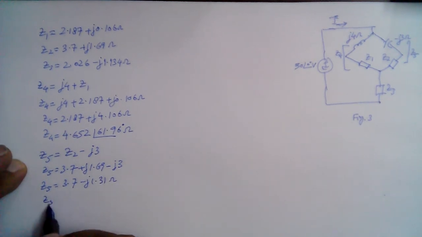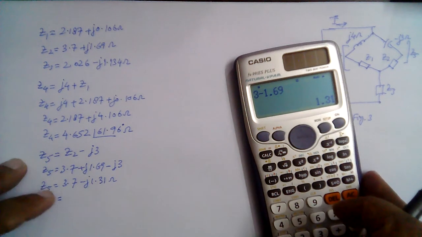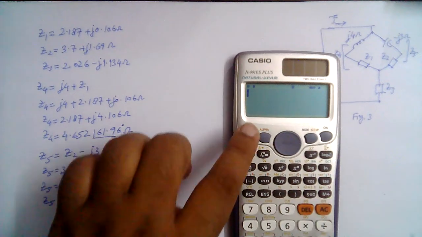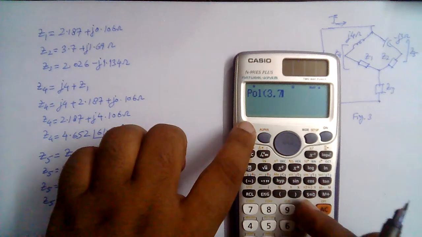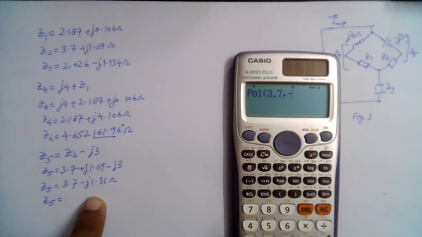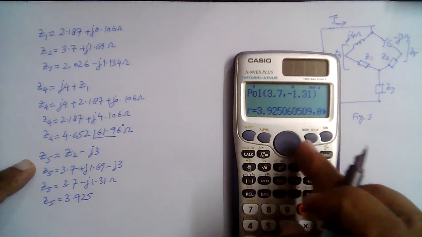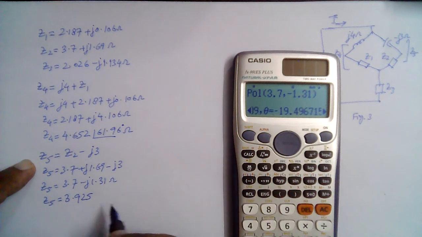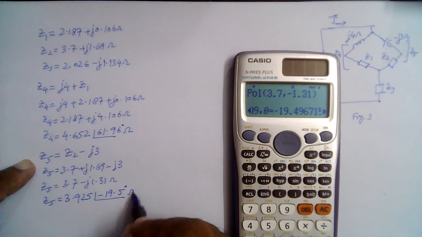So Z5 in polar form is 3.7 minus j1.31, and that is 3.925 at an angle of minus 19.5 degree ohms.